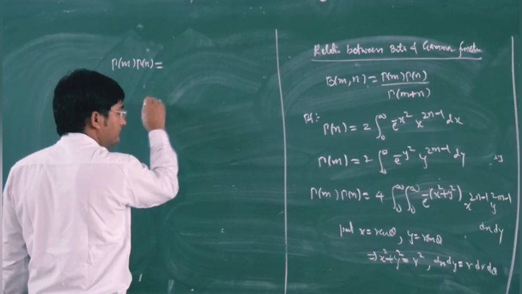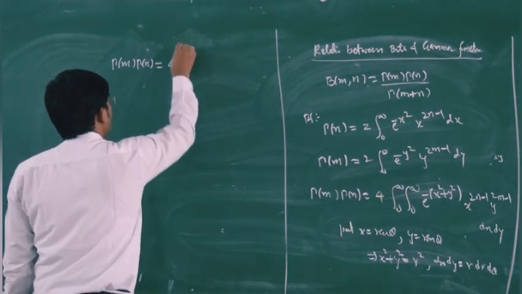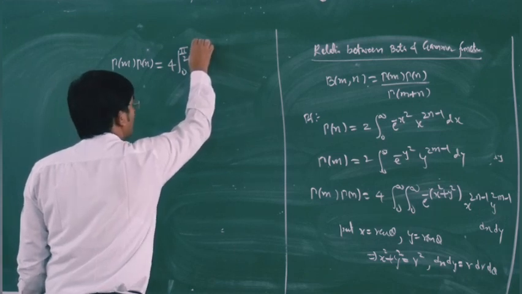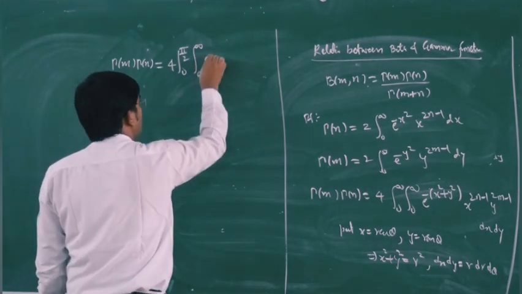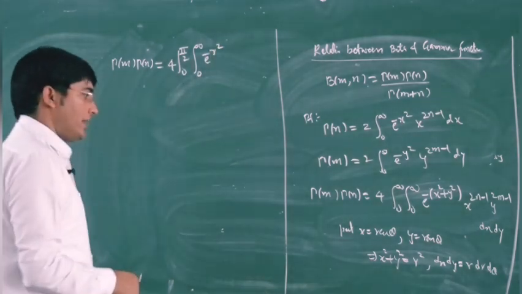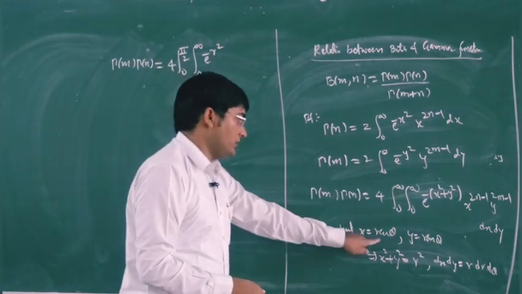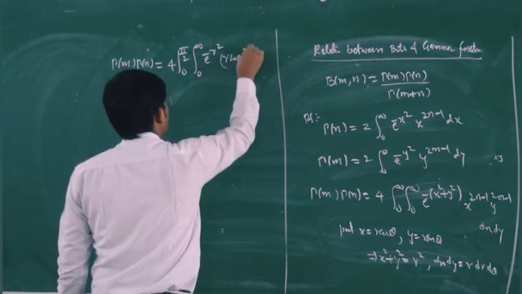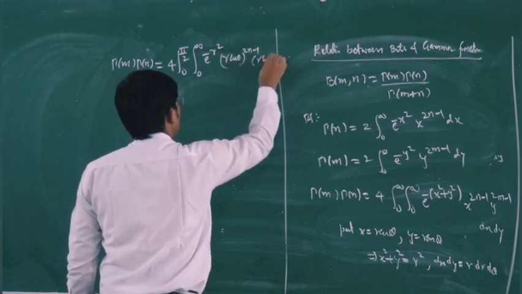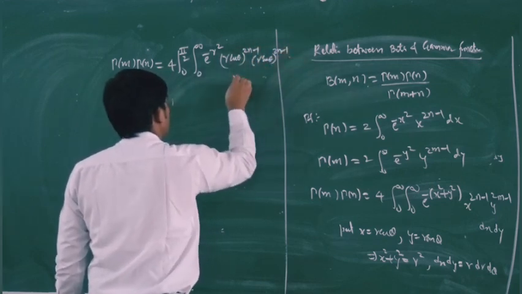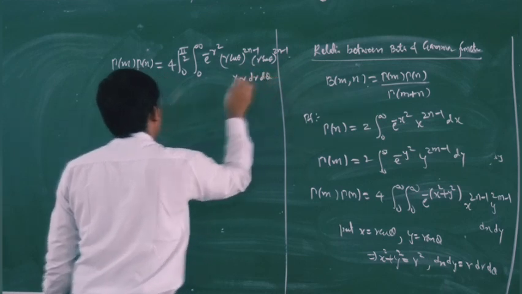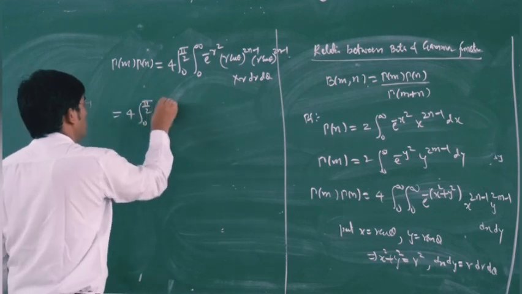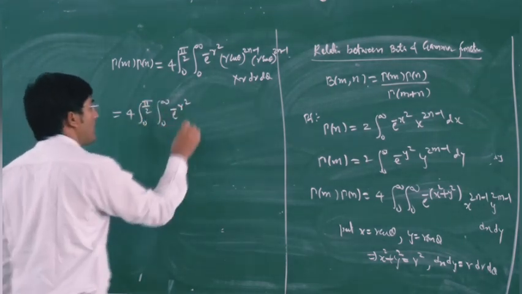Now this right hand side will be 4 times integral 0 to pi by 2, and the value of r will be from 0 to infinity. So we have e power minus r square. Your x will be r cos theta power 2n minus 1, so we have r cos theta power 2n minus 1. Then we will have r sin theta power 2n minus 1. And then your dx into dy will be r dr d theta. So this is equal to 4 times integral 0 to pi by 2, 0 to infinity e power minus r square.